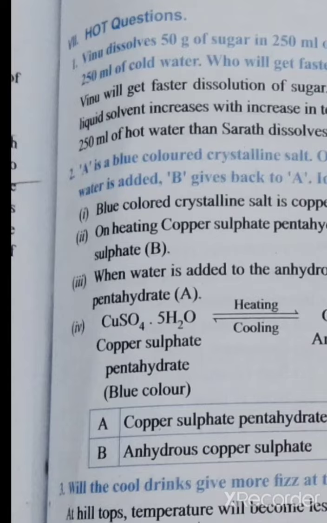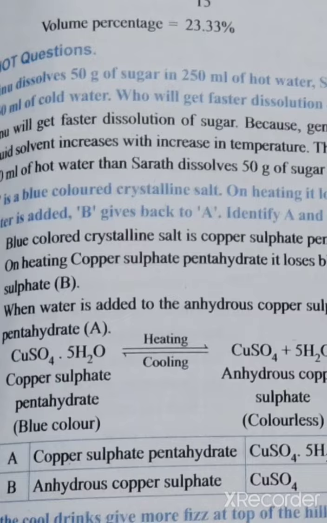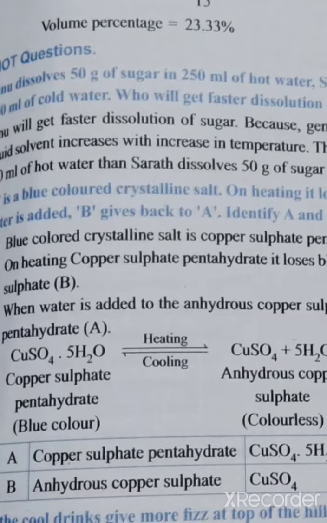The crystalline form is copper sulfate pentahydrate, CuSO4.5H2O, which is blue in color. So substance A is copper sulfate pentahydrate, a blue colored salt.